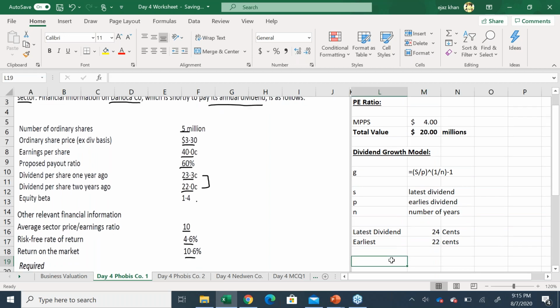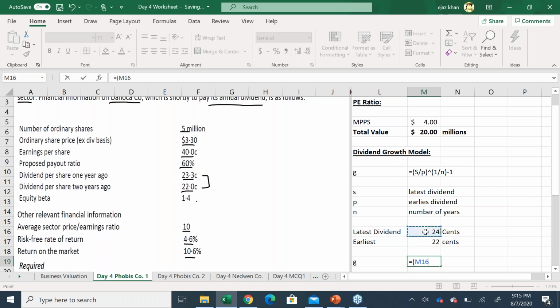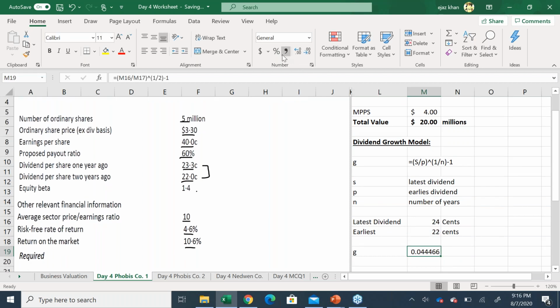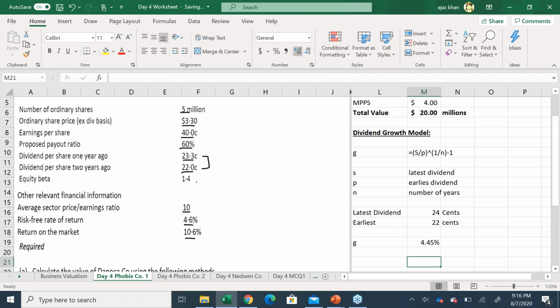Okay, so let's find out the growth. The latest dividend divided by the earliest dividend raised to the power 1 upon 2, because the earliest dividend was paid 2 years ago, so there are 2 years in between these two dividends, minus 1, and change the format. It's 4.45% growth. Okay, we are done with one part.